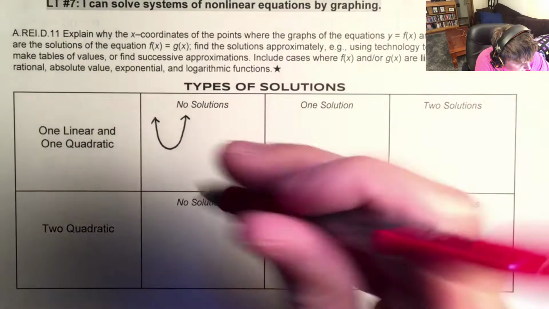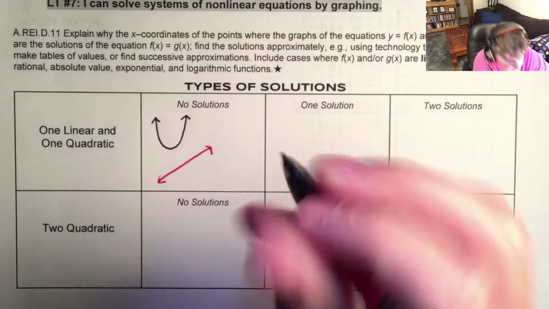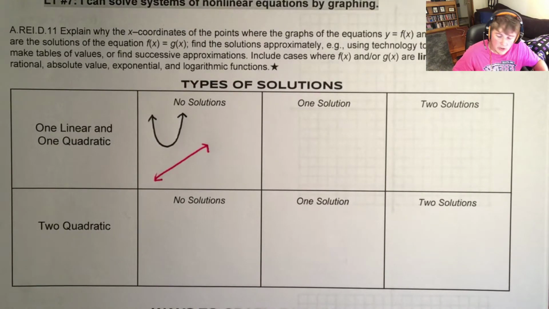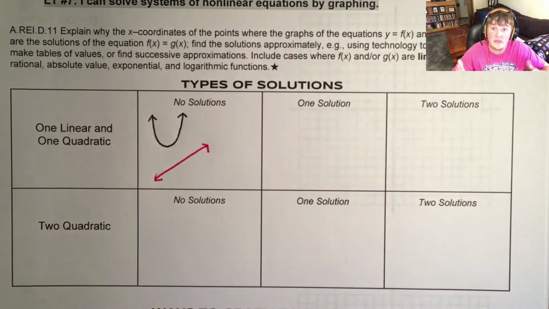An example of that could be a straight line like this. It doesn't exactly have to be one opening up with a line underneath; it could be opening down. There are a lot of different things, but the moral of the story is essentially that our line is just not going to touch our parabola. That's the situation when I have no solutions.